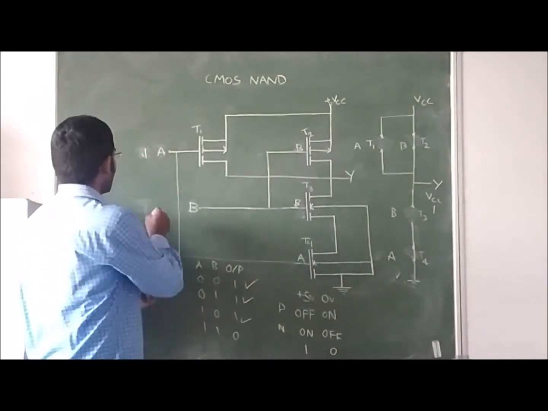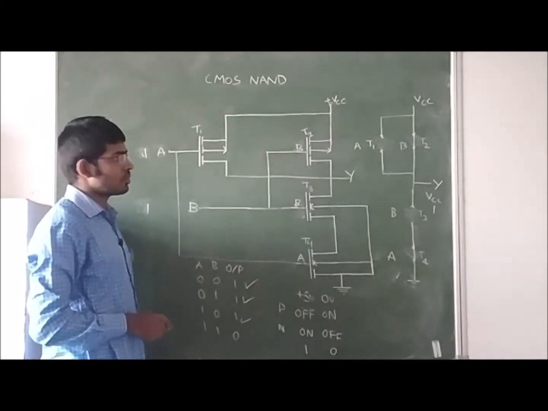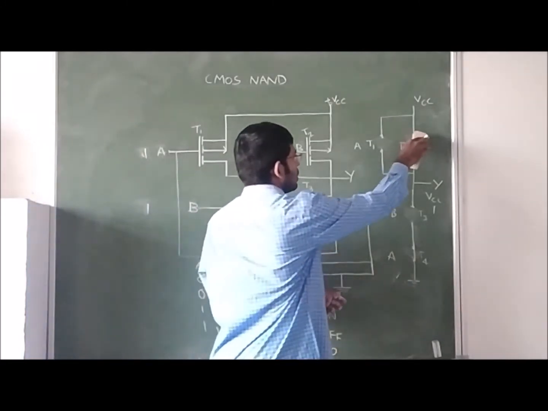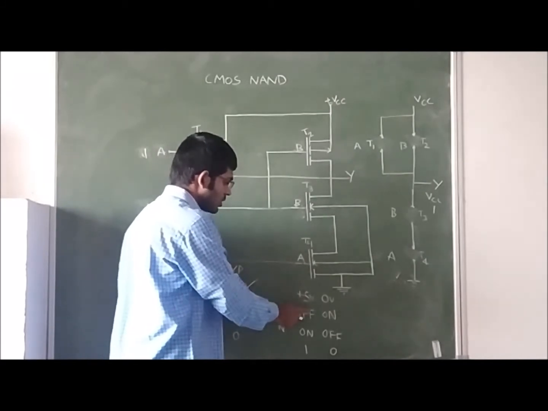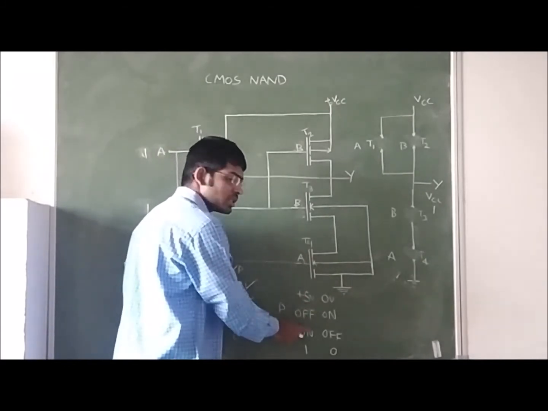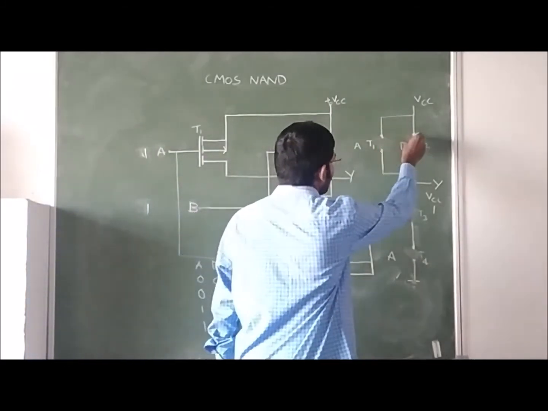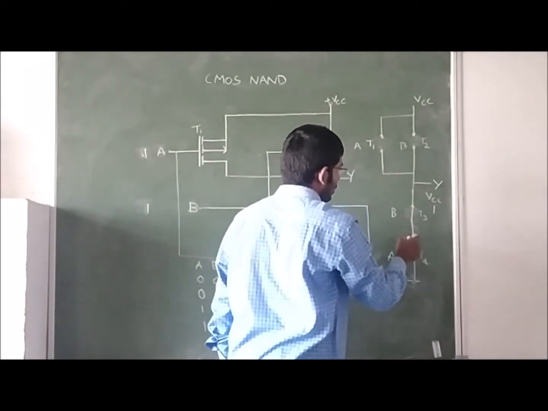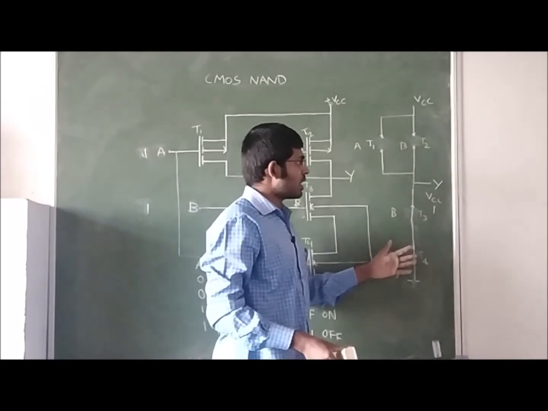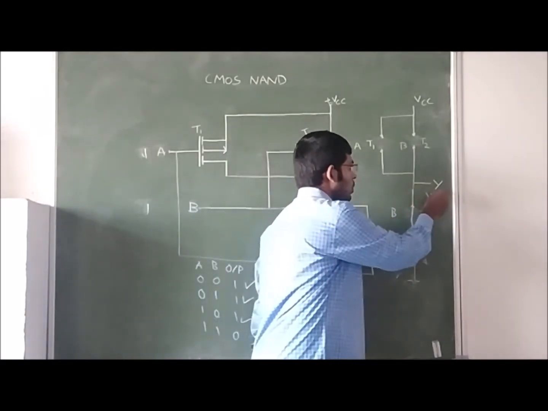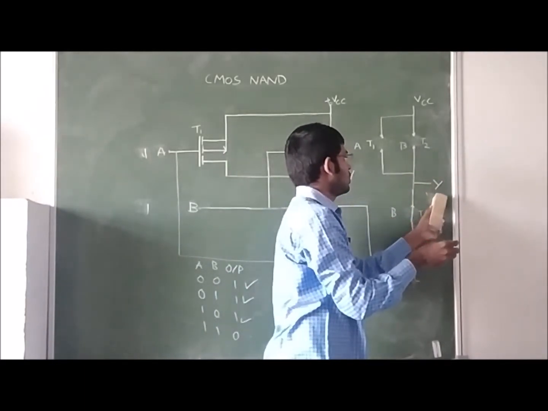If both inputs are 1, 1, that is 5 volts, the P-channel MOSFET, PMOS, is off and NMOS is on. Because both PMOS are in off condition and both NMOS are in on condition, the output Y equals 0.